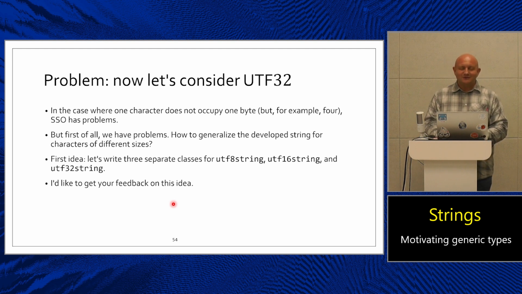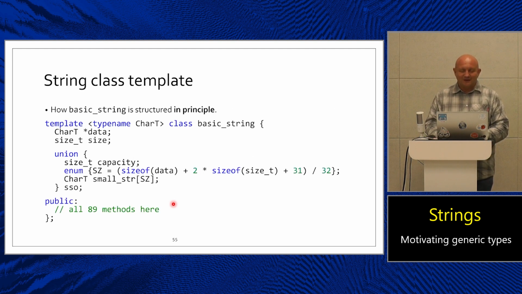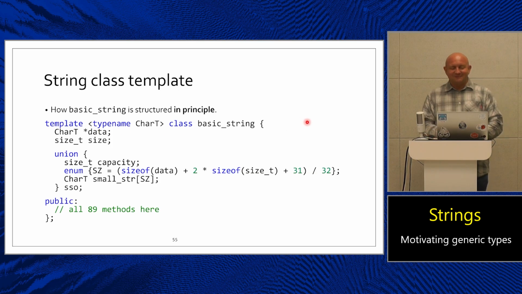Okay, we invented generic types here. This is of course not how the real basic string looks. This is a lie. Please wait for the next slides for the real basic string scheme.